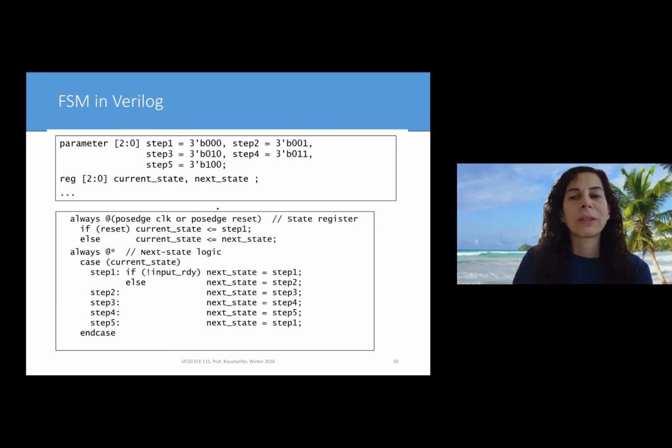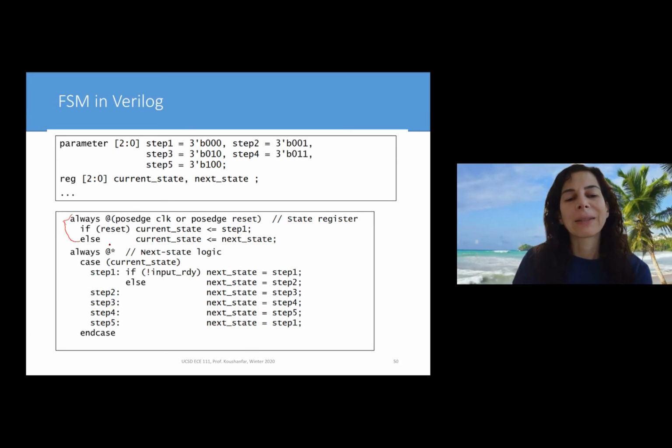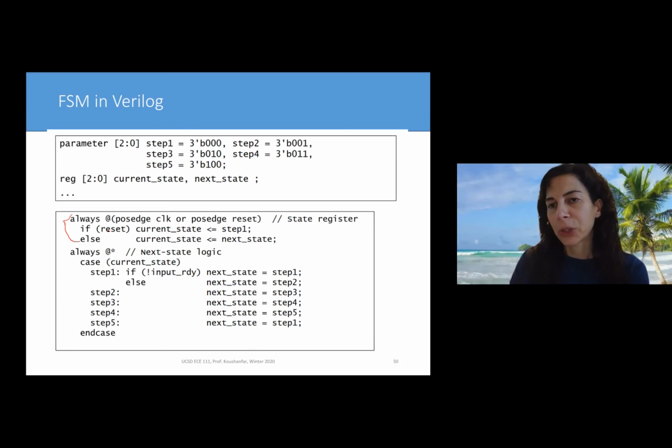As you see, this is actually not SystemVerilog code, this is Verilog code. It's good to see this practice in various formats. Always at positive edge of the clock is determining the flip-flop or the sequential part, and always at star is the next state logic, which is determining the combinational part of the design.